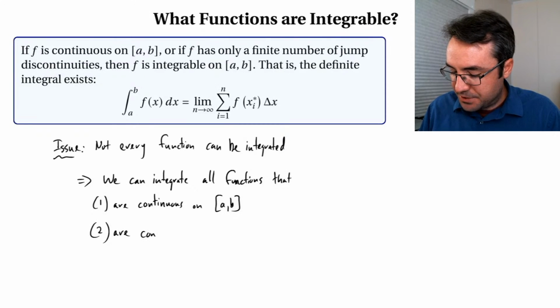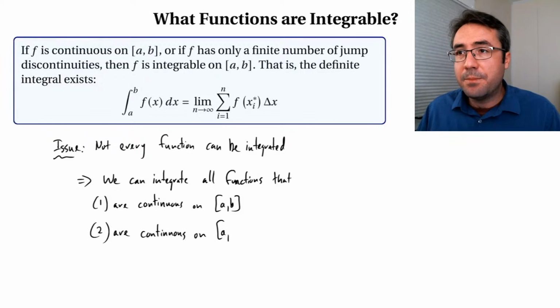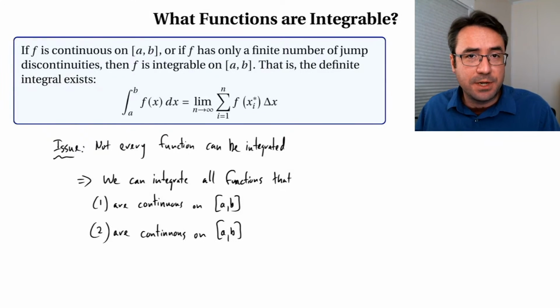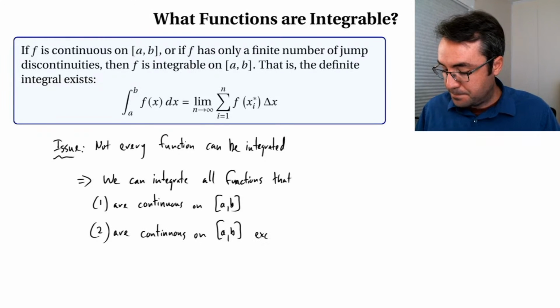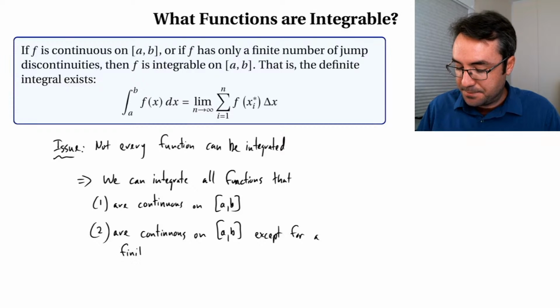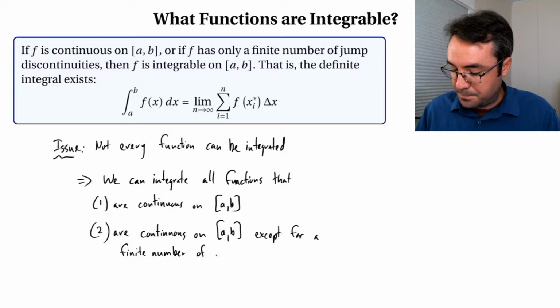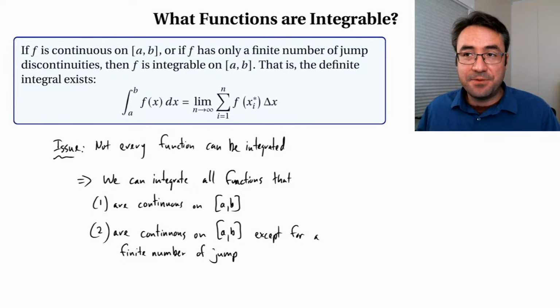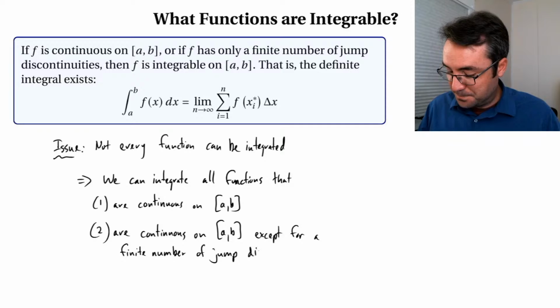So they're continuous on the closed interval, but we might have a few breaks or jumps in our graph, and that's okay. So except for a finite number of jump discontinuities. Infinite jumps, infinite discontinuities, those aren't good. So that's where things become an issue.